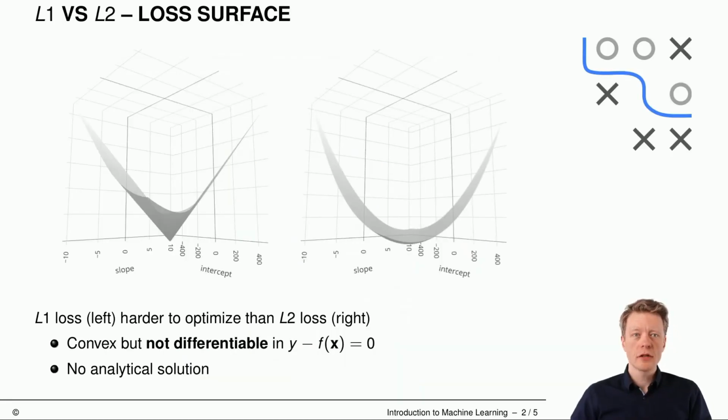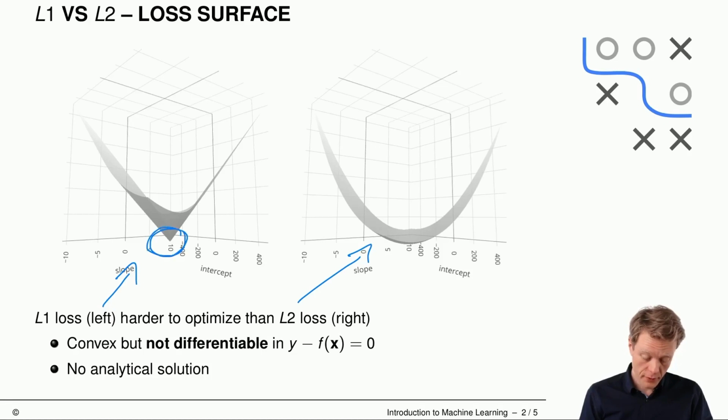We can have a look at the two-dimensional version of this loss and of the L2 loss. So let's think about two features, a feature x1 and a feature x2. And on the y-axis we have the L1 loss on the left-hand side and the L2 loss on the right-hand side. And we see that, of course, we have also this non-differentiability at 0, 0.